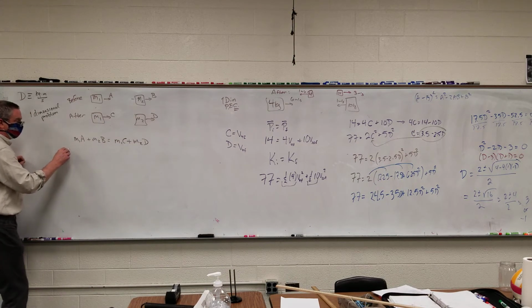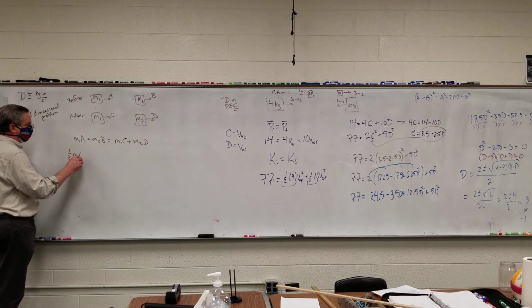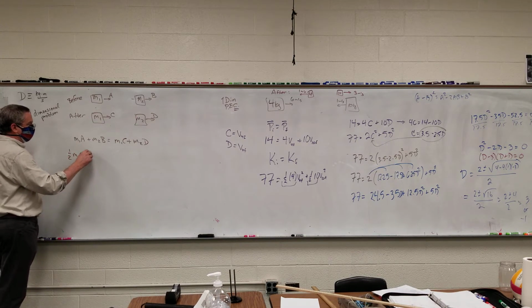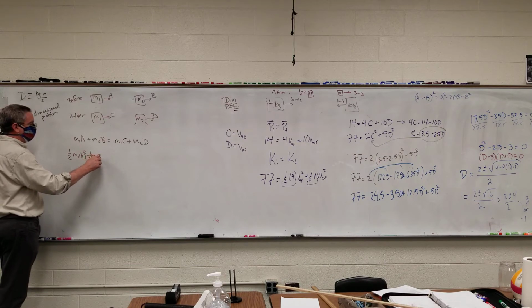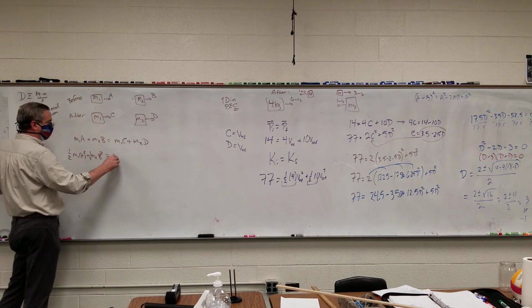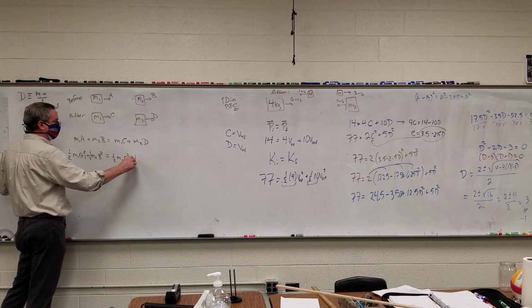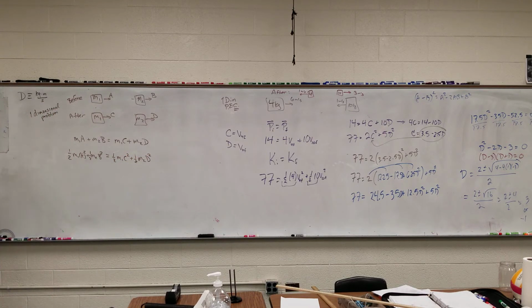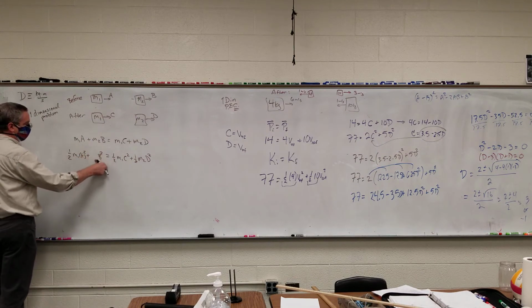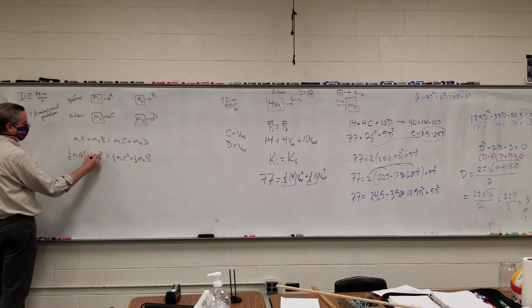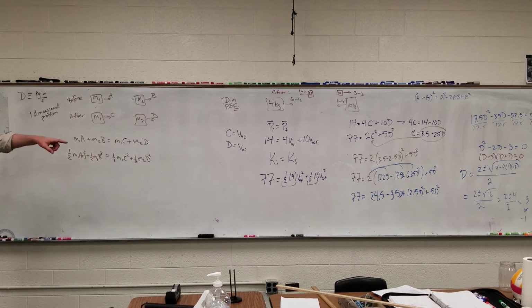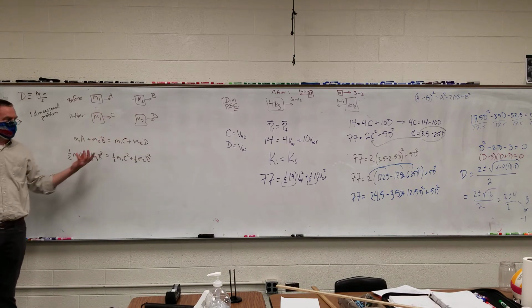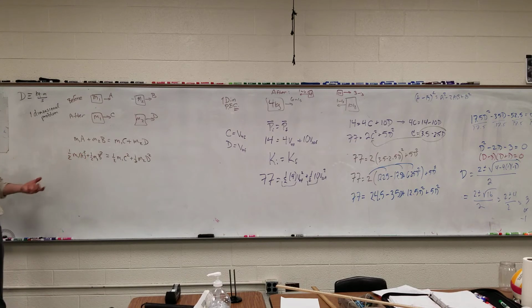Kinetic energy is conserved, and so we've just got 1/2 M1 times A squared plus 1/2 M2 times B squared is equal to 1/2 M1 times C squared plus 1/2 M2 times D squared. It's exactly what we did over there, except I used real numbers over there instead of just letters, but it's the same process. 1/2 mv squared, mass times velocity here.